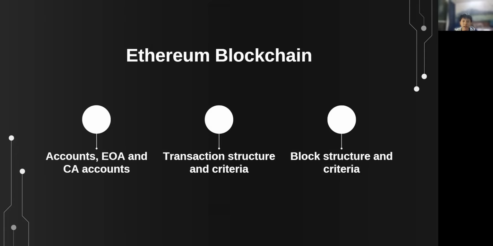The second type of account is contract accounts, or CAs. Essentially, these are accounts controlled by code. They're not owned by anybody, they're owned by the blockchain, and they can be activated by an EOA. What contract accounts do is represent smart contracts. Every contract account has a balance, and when you make a transaction, it's able to take the money that you send through the contract account and put it on the blockchain.